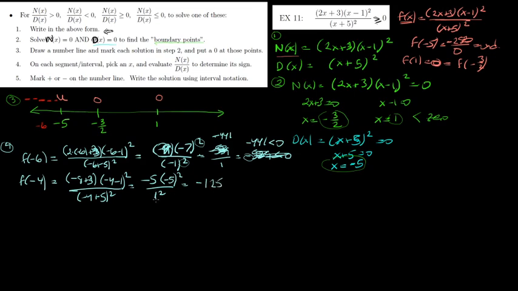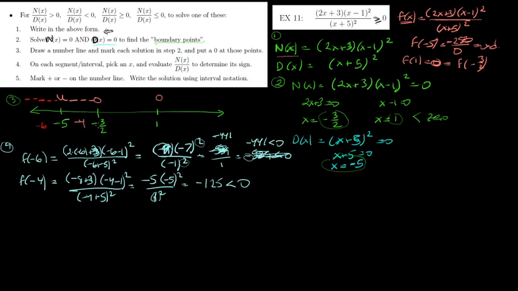Sorry, 1 squared is 1. So 25 times -5 is -125. I think that's right. Either way, it's still negative, right? So that means this is still going to be negative everywhere between -5 and -3/2, which is where the -4 was from. All right, keep going.